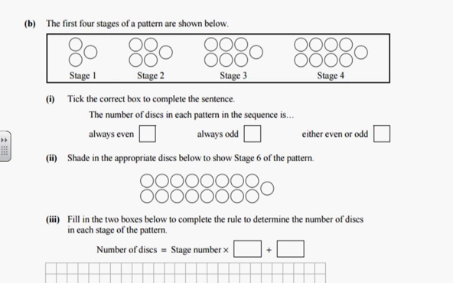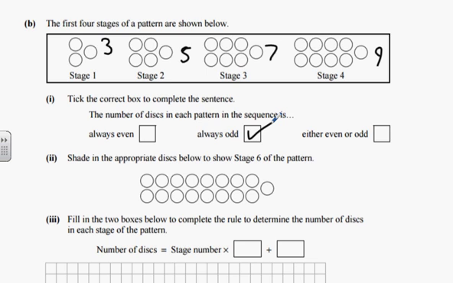Now, the next one. Stage 1 has how many? 3. Stage 2? 5. Stage 3 is 7, stage 4 is 9. Stage 5 is going to be 11, isn't it? The number of discs in each pattern is always odd. Shade in the appropriate disc to show stage 6 of the pattern.